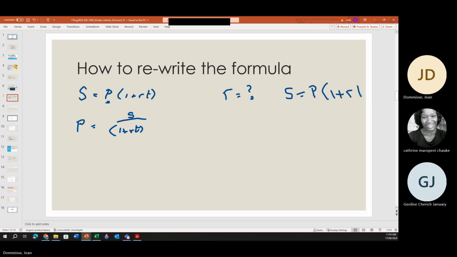So we want R as the object. So then the first thing I would do is say, okay, I need to get rid of that P so that I can get to work with the things in the brackets. So it will be S divided by P is equal to 1 plus RT.